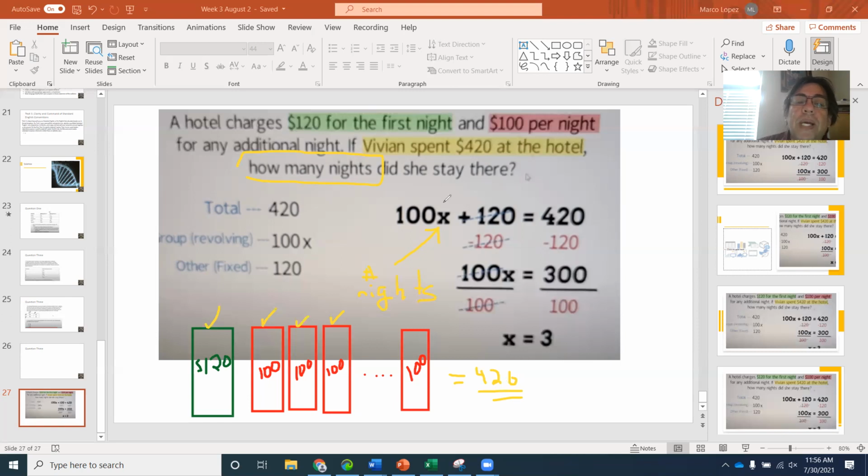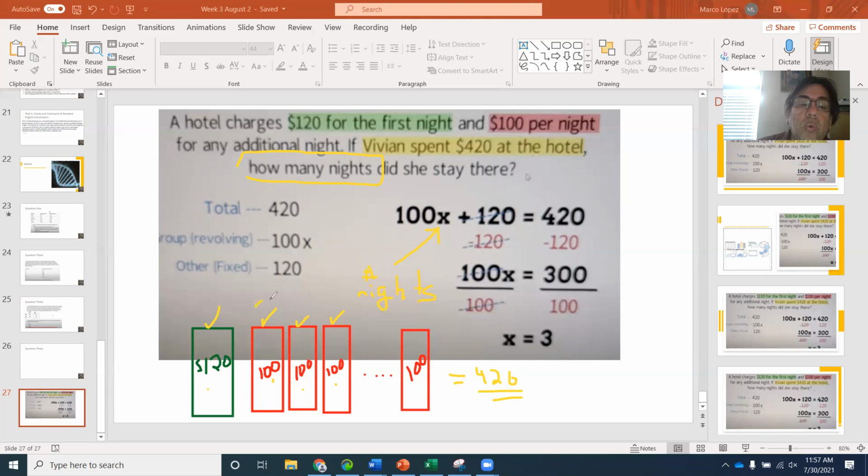So how many nights did she stay there? She stayed there a total of 1, 2, 3, 4 nights total.